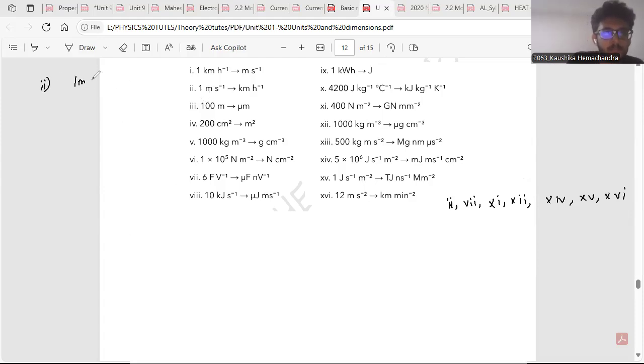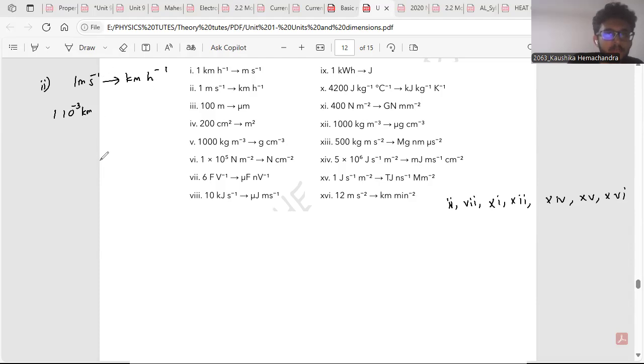1 meter per second going into kilometer per hour, right? So meters to kilometers, 1 meter is 10 to the power minus 3 kilometers.